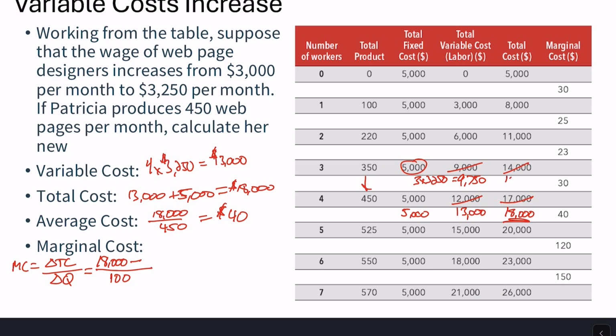That'll give us a new total cost of 14,750. And now we can plug that into our total cost down here for line 3. Okay, so you plug these numbers into your calculator, solve it out, and you'll get a new marginal cost of $32.50, which you notice went up from $30 to now $32.50 because of this.